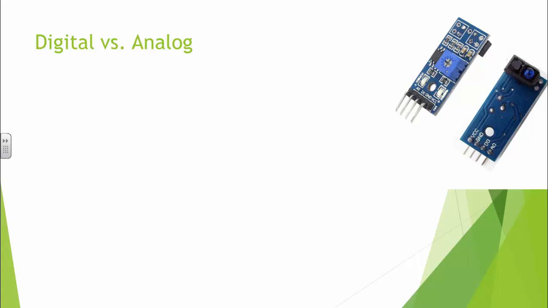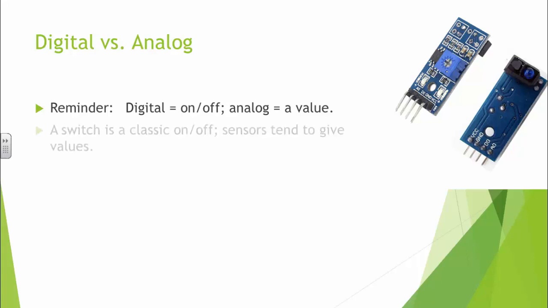Back to this digital analog thing again. Well, yes, we need to be able to differentiate between a numeric result and a yes-no. So as a reminder, digital is on and off. Analog, on the other hand, gives us a value. So classic example of an on-off would be a switch. It's either pressed or it's not.